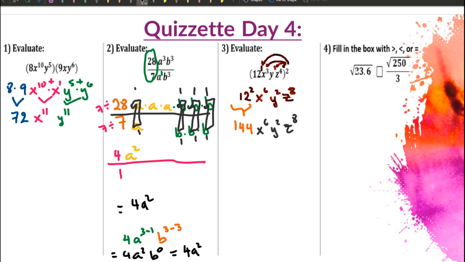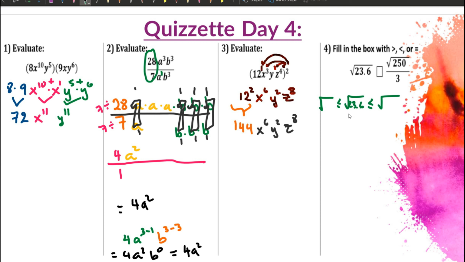Okay, problem number 4. So we're going to compare two expressions, square root of 23.6 and square root of 250 divided by 3. So which one is larger, or are they both equal? So square root of 23.6, which is not a perfect square number, we need to round to the closest square root.